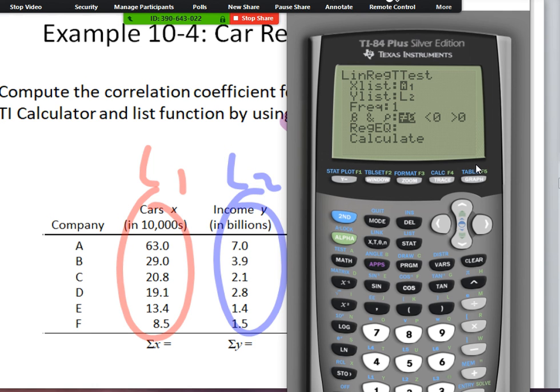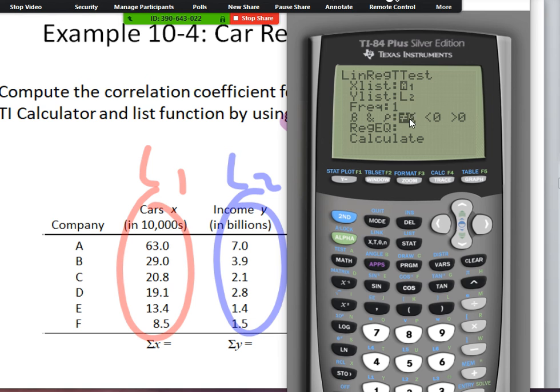Now, everybody look up and pay attention. I'm only going to say this once, well, maybe twice. This part here, for all of chapter 10, all of our H1s are going to be not equal to. We don't care if it's greater than or less than. We don't care if it's a positive correlation or a negative correlation. We only care that it's correlated in either direction, either positively or negatively.